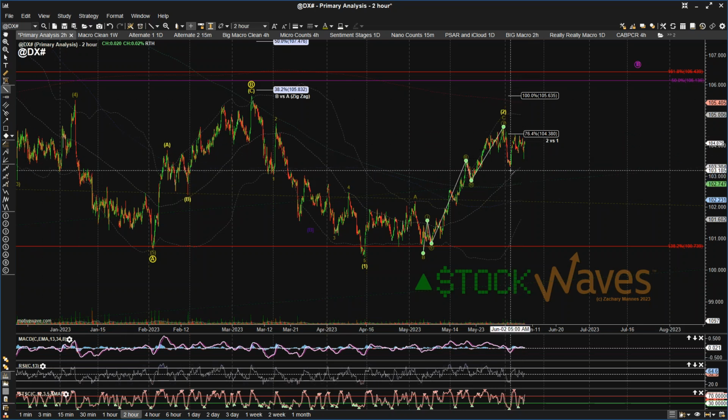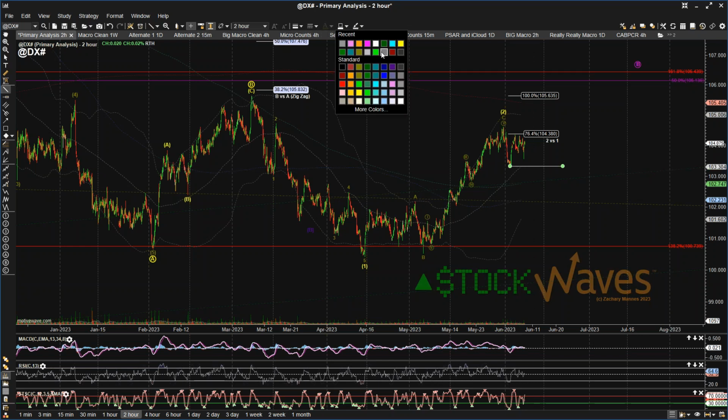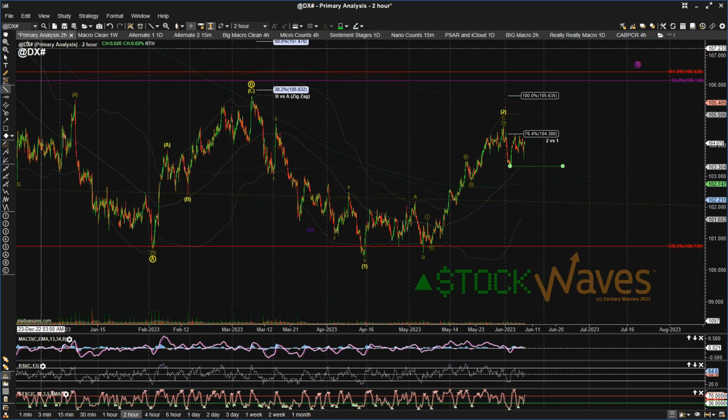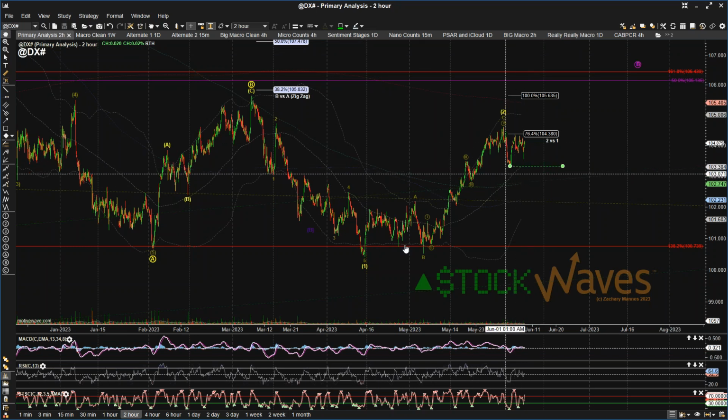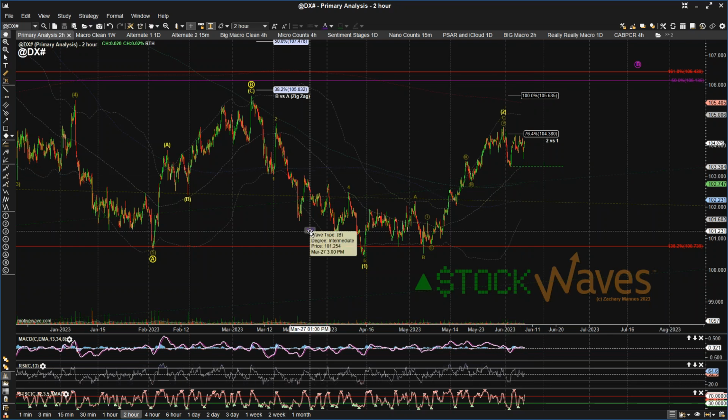So if this is going to hold, there we go, that's horizontal. Oops, I want a green dashed line. So if that's going to hold, that is 103.31, then this can still be our Alt B wave.